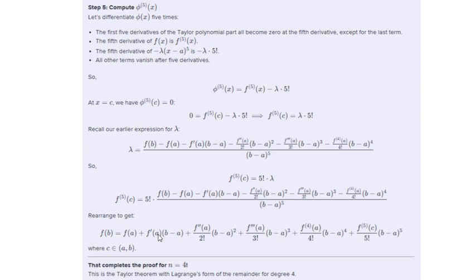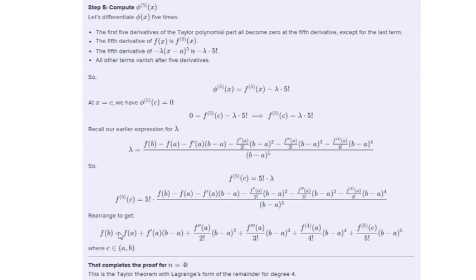You can stop here only. This is again the mean value theorem: there exists some c such that f of b is equal to f of a plus f dash of c into b minus a. Or we can stop it here also.